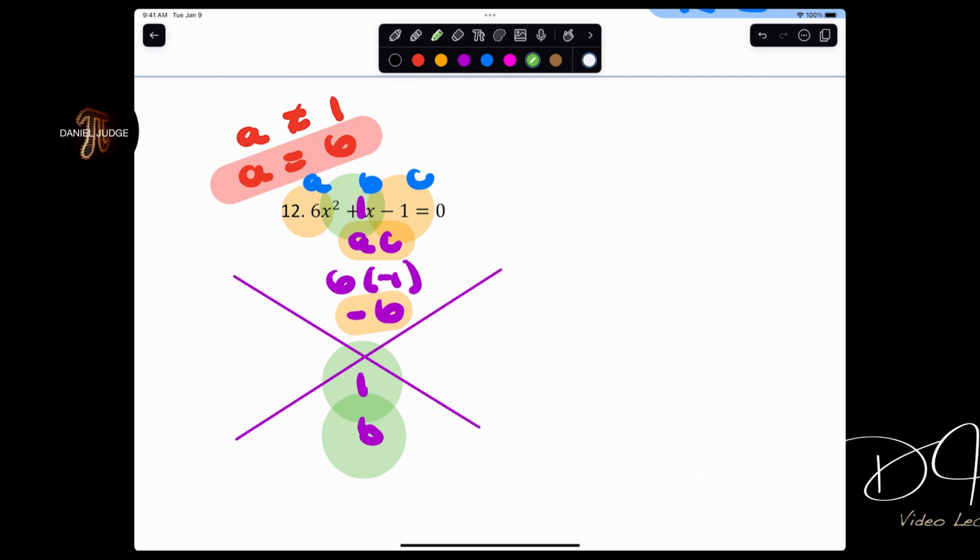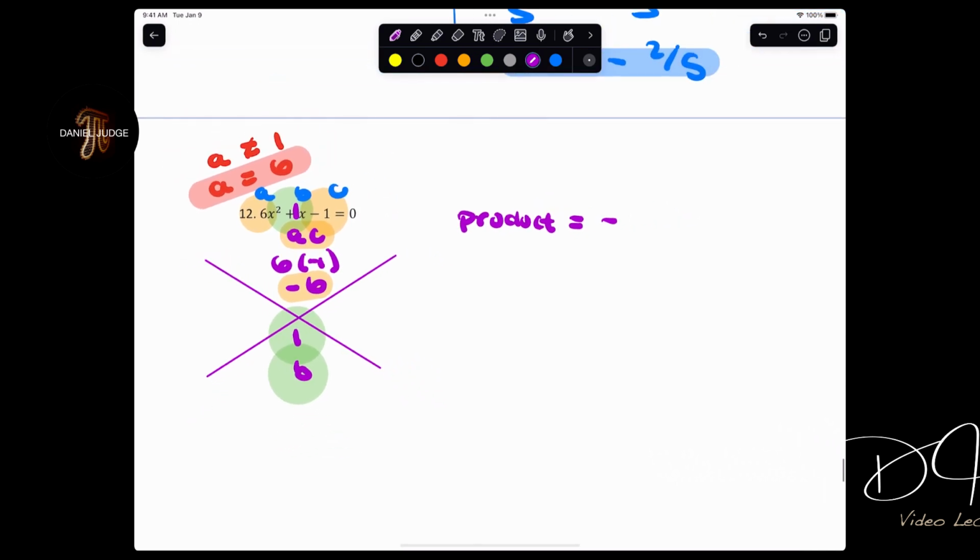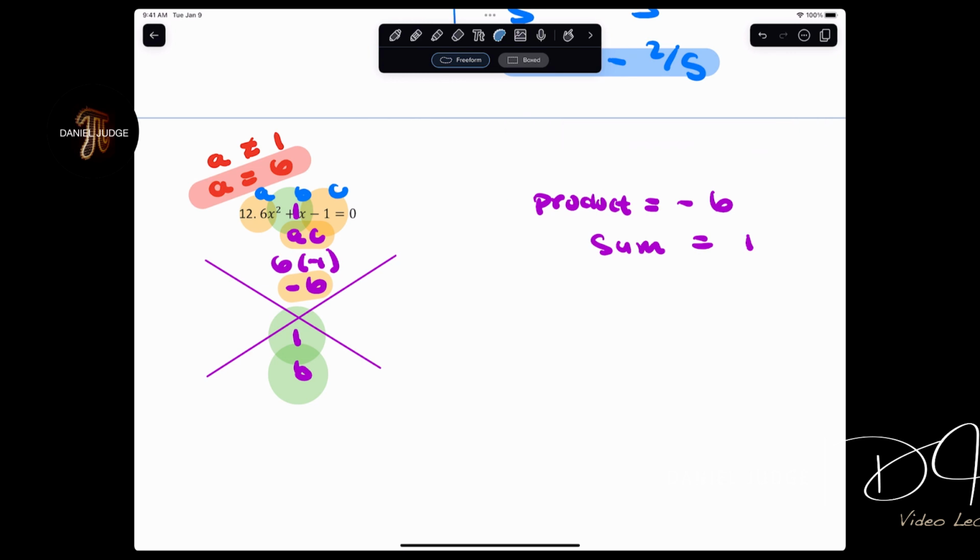So, okay, A is not 1. A is going to be 6. So we need 2 numbers whose product is negative 6 and whose sum is positive 1. So the only way to multiply 2 numbers and get a negative product is if one of those numbers was negative.